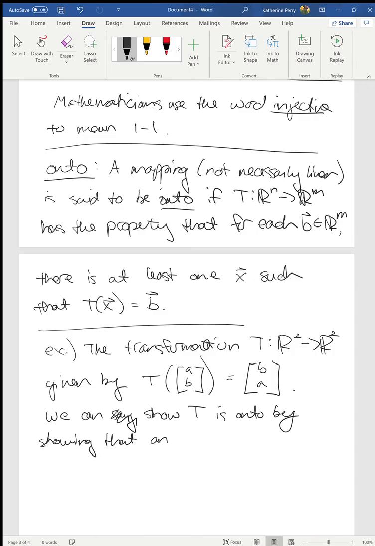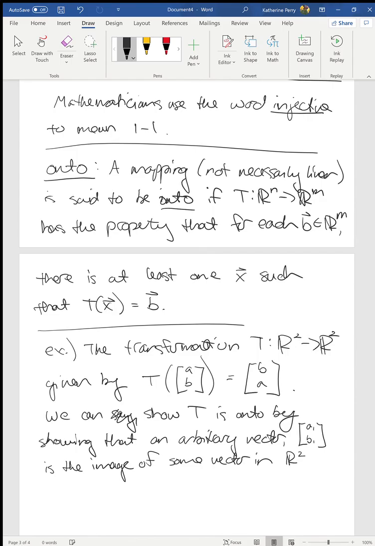that an arbitrary vector, let's say (a1, b1), is the image of some vector in R2.